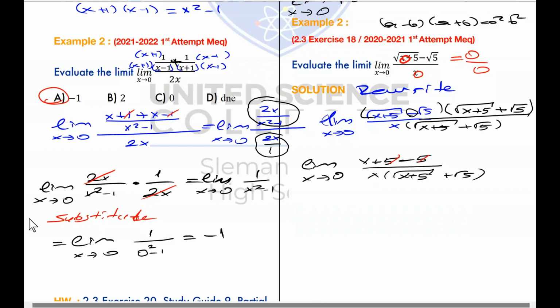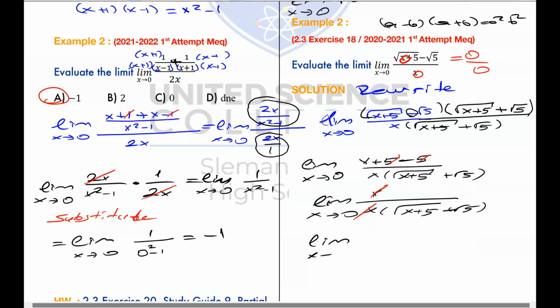I will be left with x at the top, and this factor remains. So I can simplify the x's and I will be left with limit as x approaches 0 of only 1 at the top, and at the bottom, this radical part.